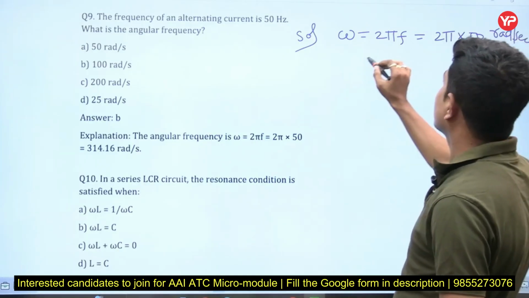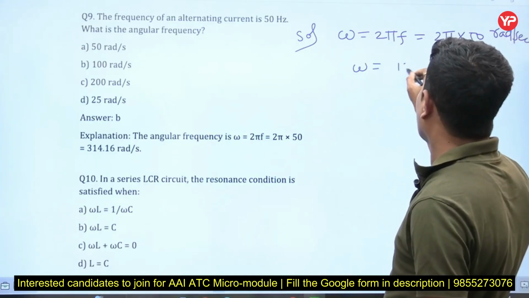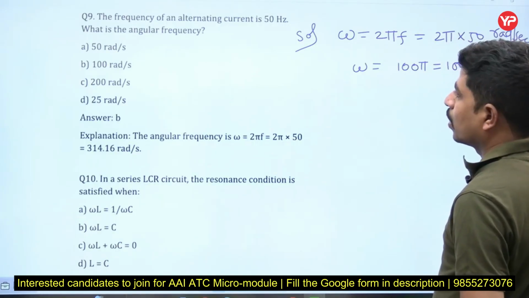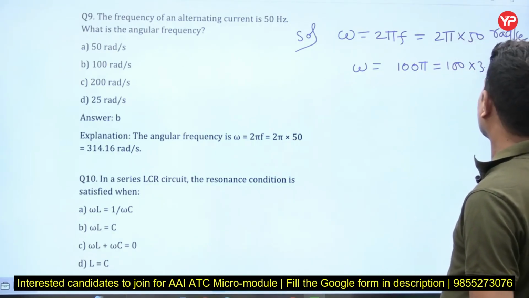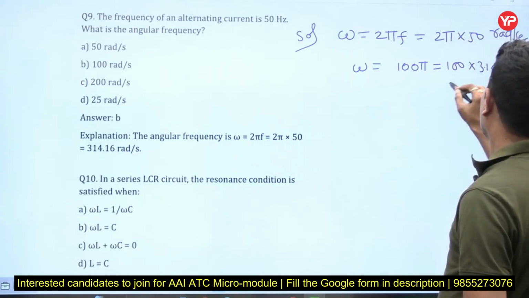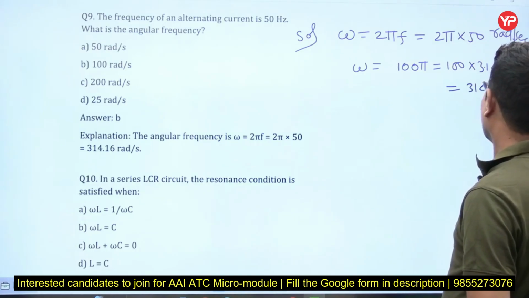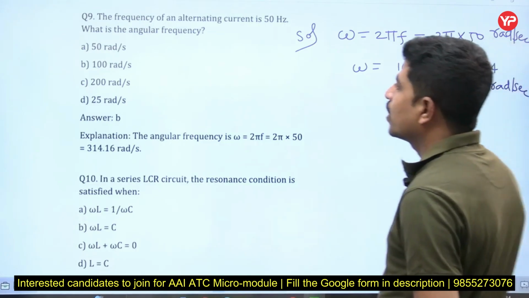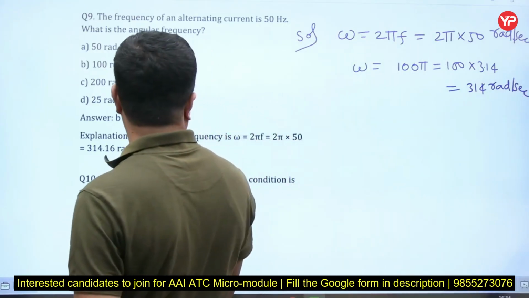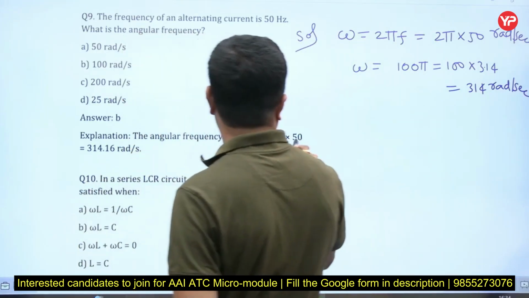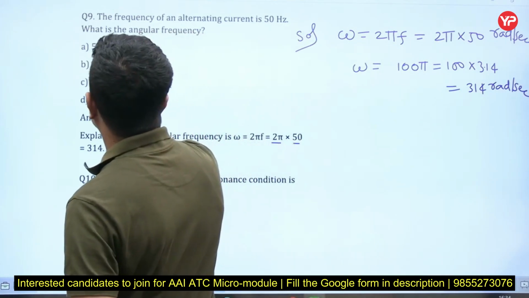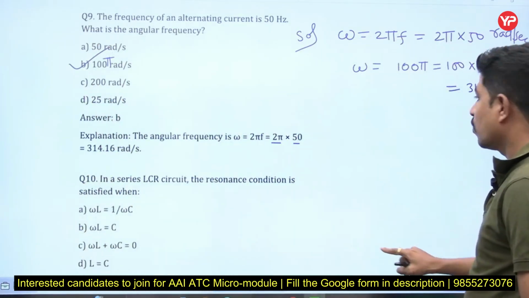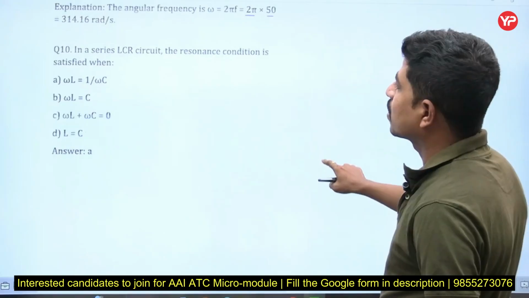So omega is equal to 100 pi, which with 3.14 is almost 314 radians per second. Here it is 100 pi; in the option the pi is missing, a typo. Option is B.